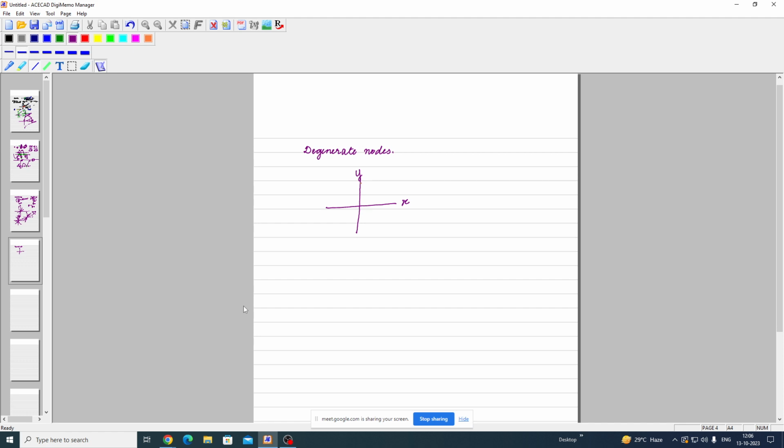Let's stick with the same color. So we have v1, we have v2, and v1 is a slower eigenvector, so all the flow lines are tangential.